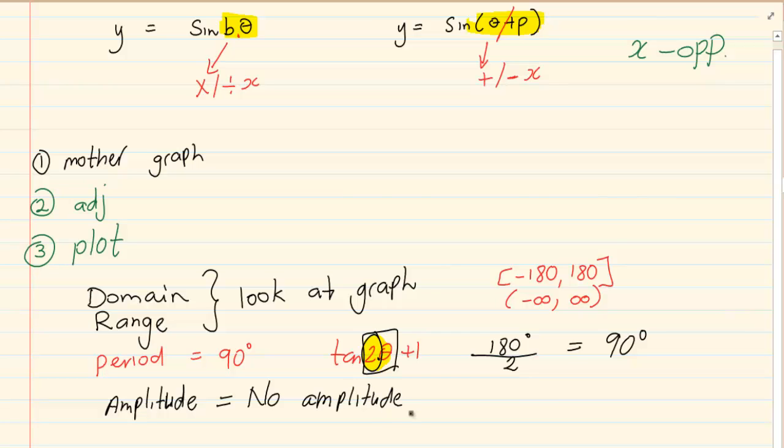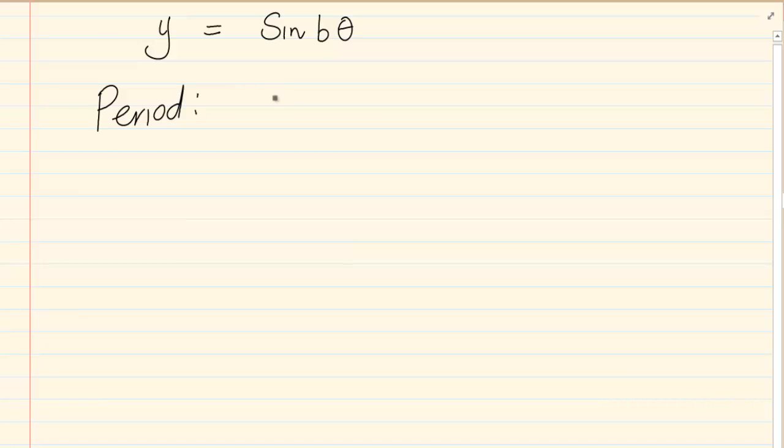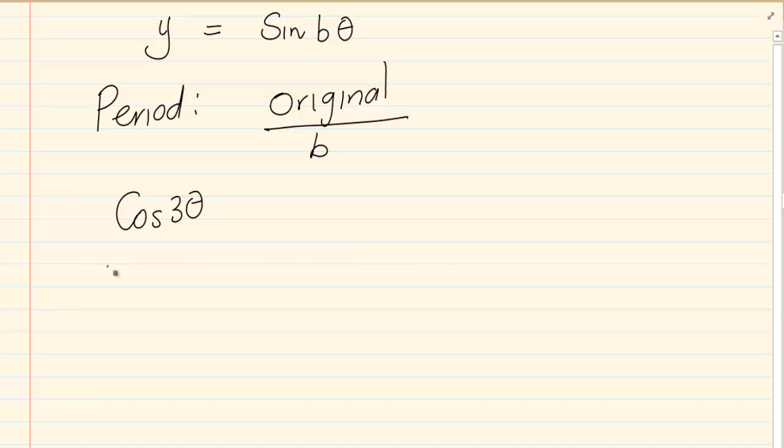Now let us go over this specific period. When you are working with the period, we know that we have y is equal to, let's take any ratio, b theta. What you're going to do when we come to period is, you're going to take the original and divide it by b. So if I was to give you cos 3 theta, the original cos graph has a period of 360 degrees.